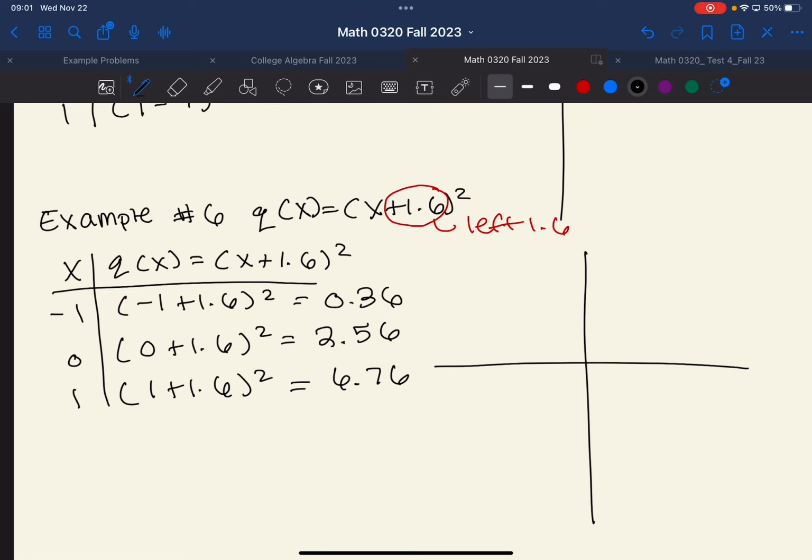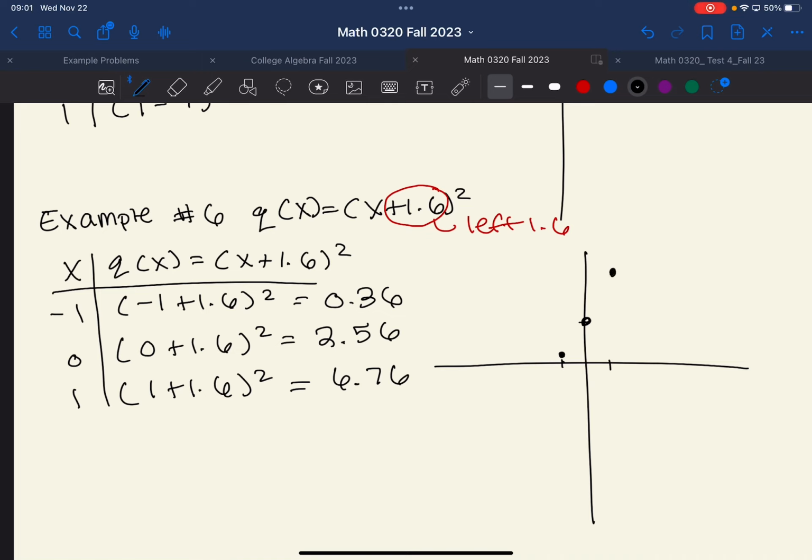So graphing this, I have -1 and then positive 0.36, so it's very small. Then I have 0, 2.56, so I'm going to say that's here. And then I have 1 at 6.76, so about here. Okay?